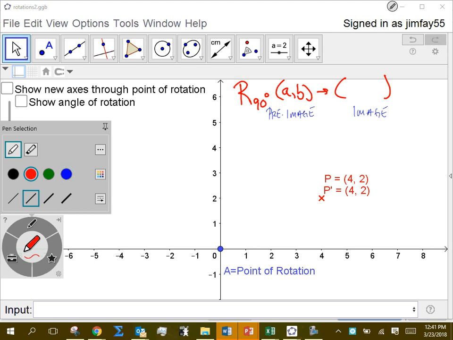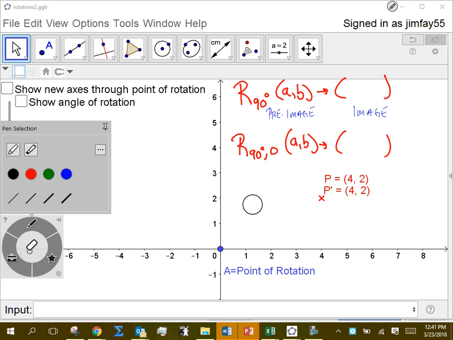But some things analogous to that, they might write it this way. That is the letter O. What do you think O stands for? Origin.